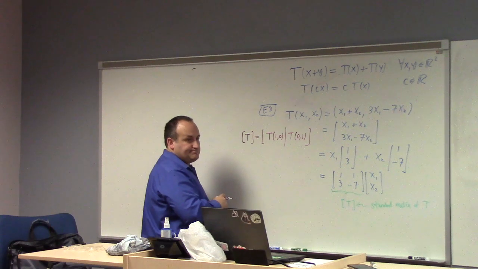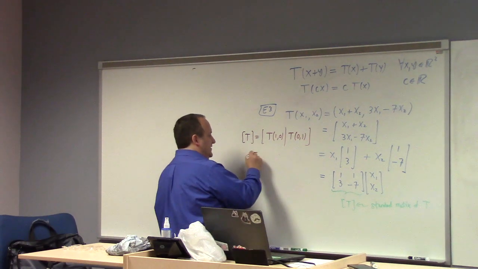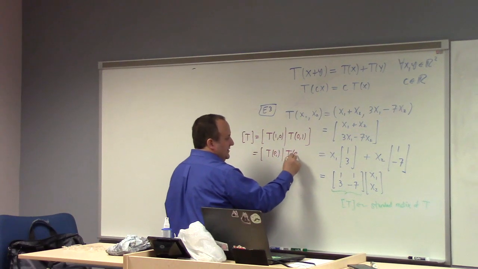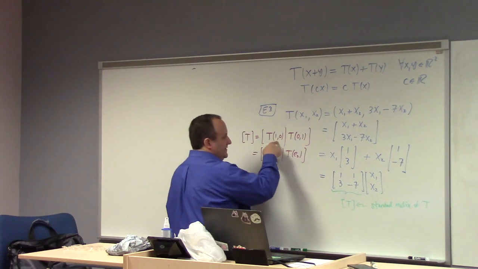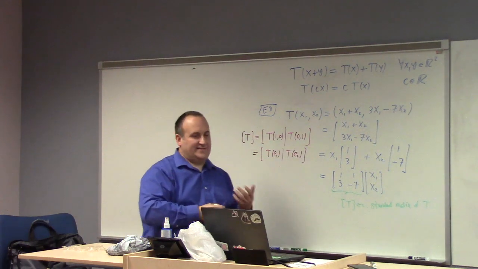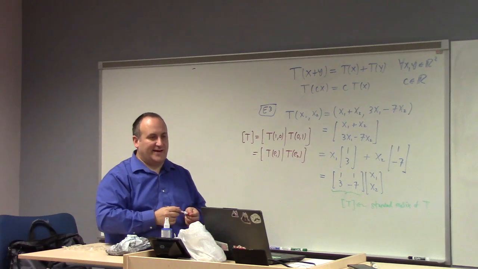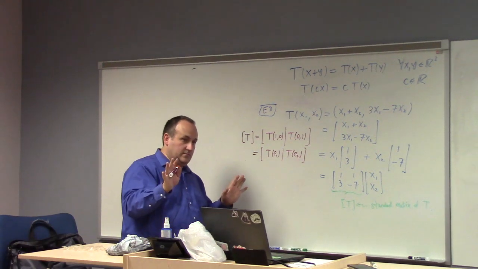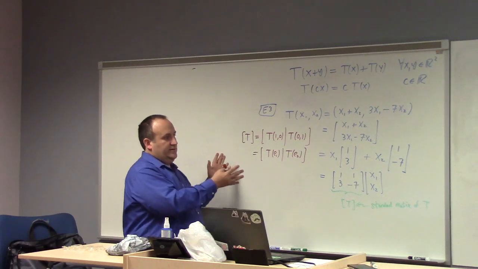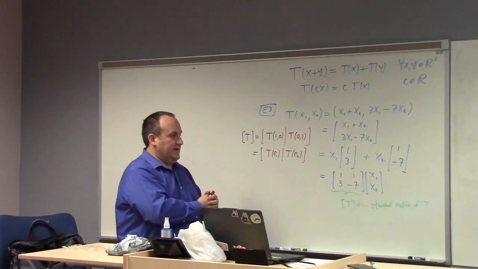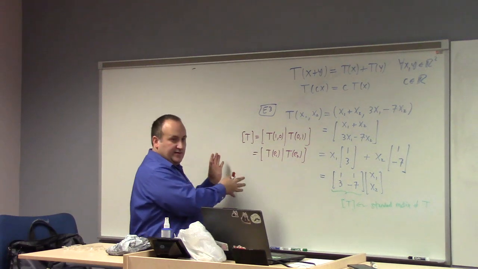In linear algebra, we call those T of E1 and T of E2. E1 and E2 might be called x hat and y hat in physics, or i hat and j hat in the two-dimensional context. So that is what we mean by a linear transformation in the plane, and that's a standard matrix.